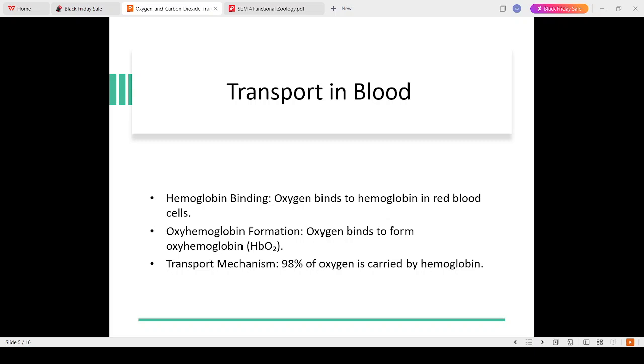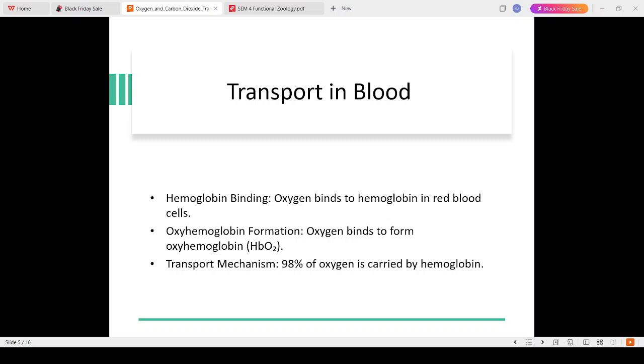When they are reaching the cells, at the level of cells, this is oxyhemoglobin, and hemoglobin will be releasing these oxygen molecules to the cells. And the reason for that is that cells have a lower oxygen pressure.